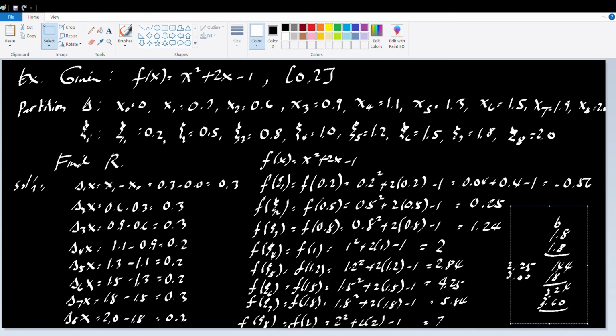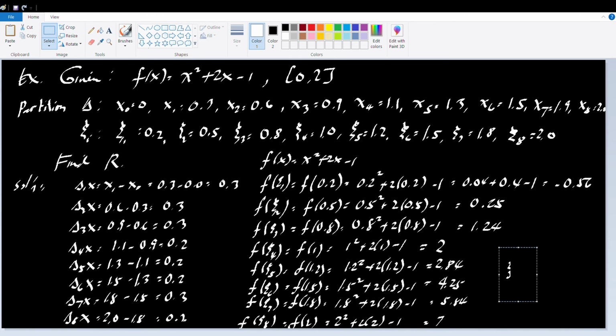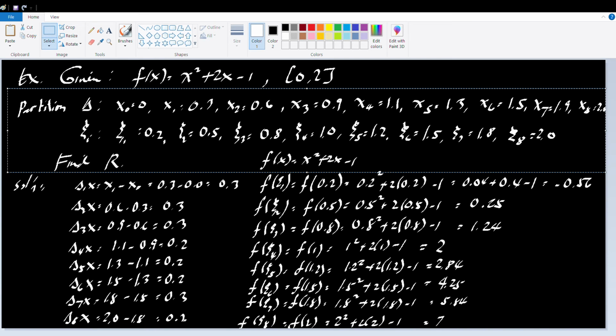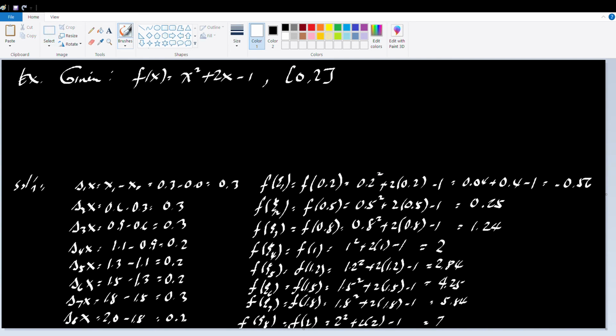So those are the computations for f of c sub i. The next thing that we will do is get the Riemann sum by multiplying f of c sub i by delta sub i x and then adding them up together. So let us do just that. The Riemann sum is equal to the summation of f of c sub i delta sub i x, i from 1 to 8.